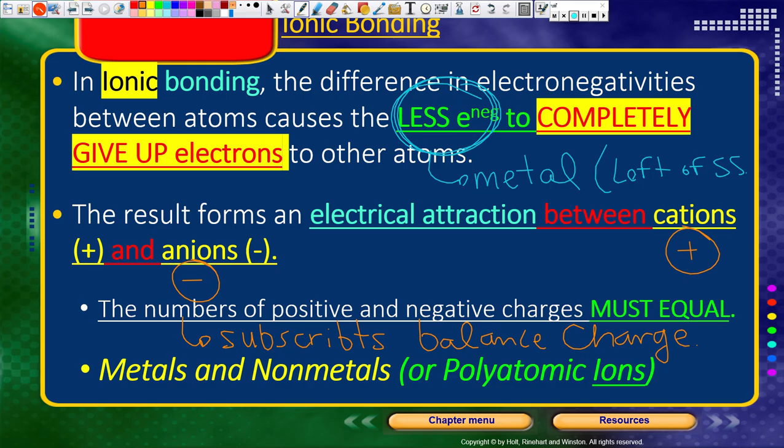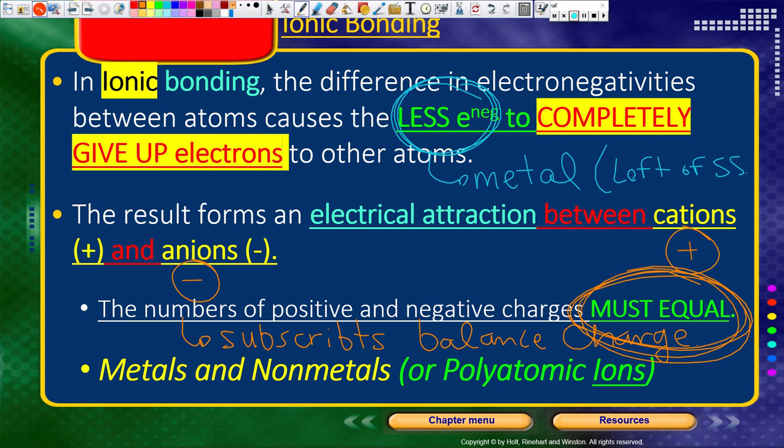So remember yesterday when I kept asking you, do the numbers matter? Not at all in determining the bond type. The subscripts matter for making it neutral. So out beside this word right here, where it says must equal, please write the word neutral, N-E-U-T-R-A-L. So what's the purpose of the subscripts? To make it neutral. It makes the positives equal to the negatives.